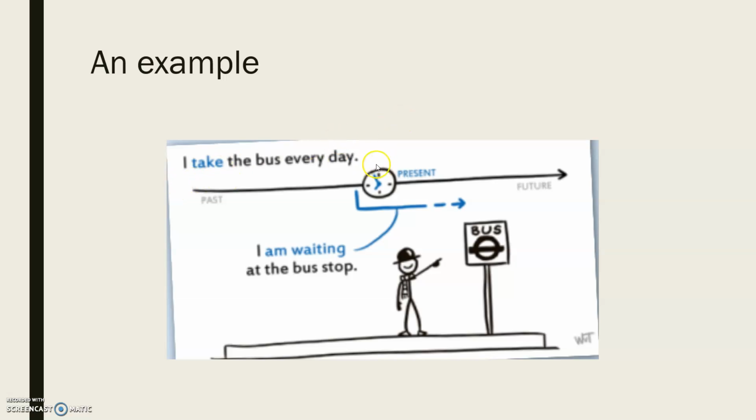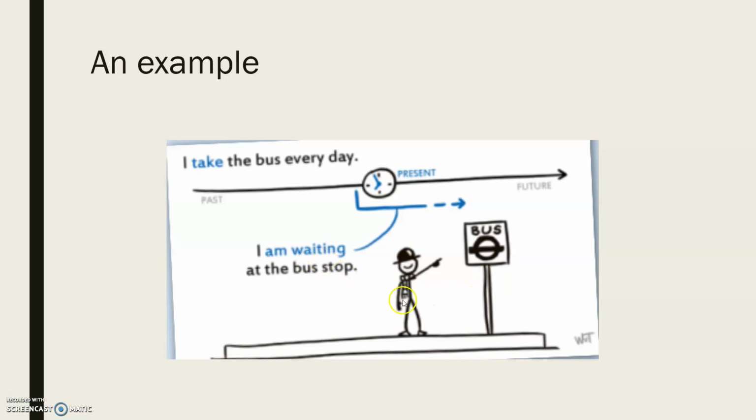So the first sentence we see here is I take the bus every day. That's a present simple. And why? Because there's every day there. And every day is an adverb that emphasizes that something is repeated, an adverb of frequency. And that's typical for the present simple, which you use to talk about routines, about habits, about things which are repeated, herhaald.